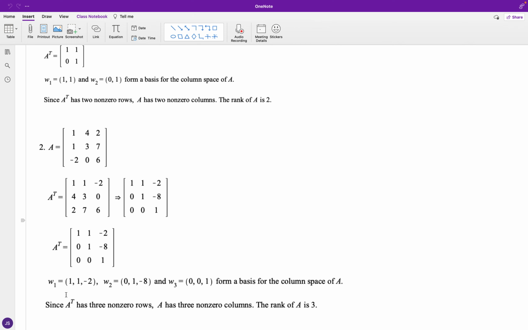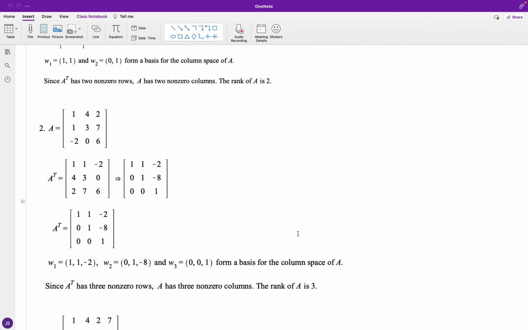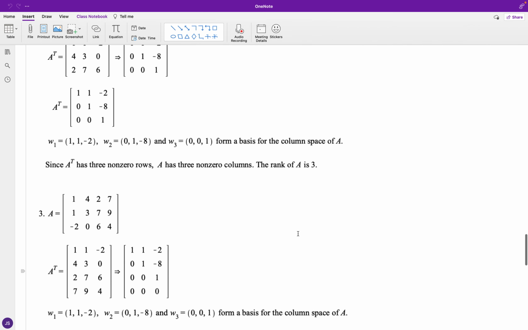All three rows are non-zero, and these three vectors form a basis for the column space of A. And since the transpose of A has three non-zero rows, A itself is going to have three non-zero columns, and once again, the rank of A is going to be 3.